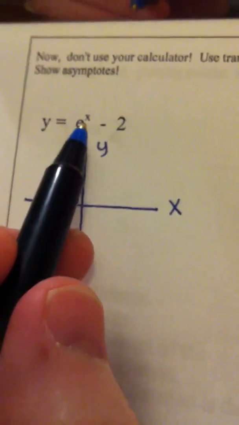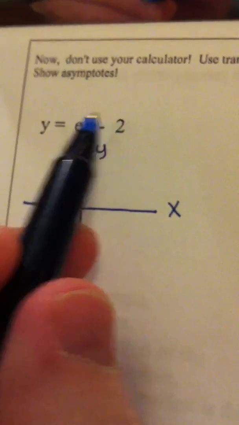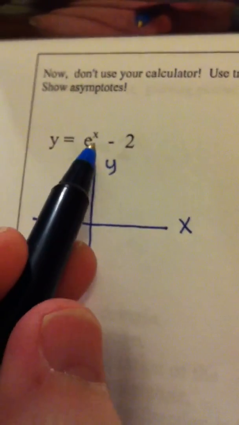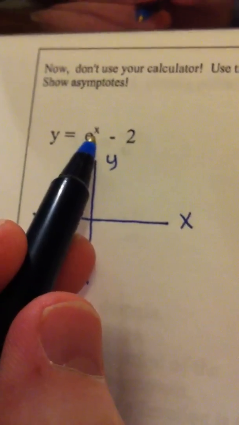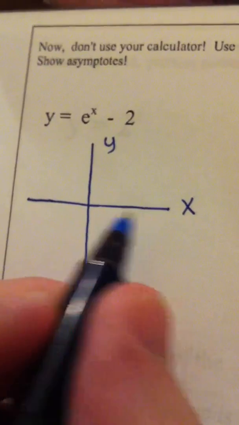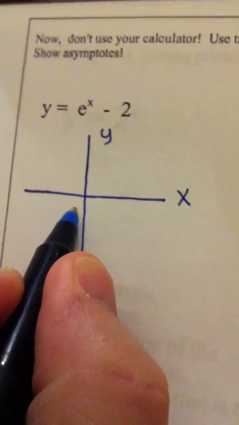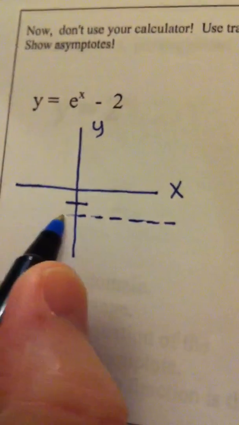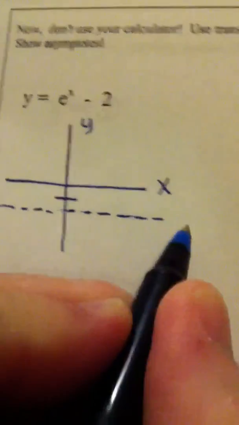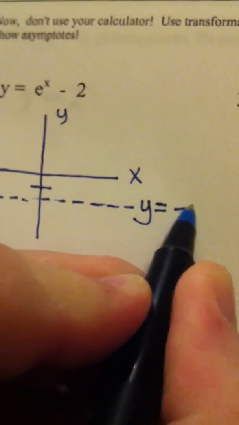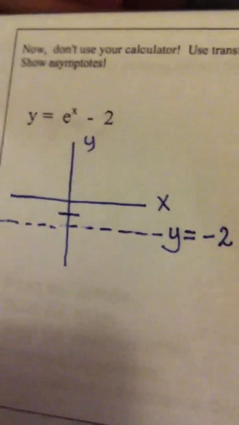Well, to get this graph from our last graph using transformations, what we're going to do is take the entire graph and shift it down 2 units. So the asymptote is going to shift down as well. So my new asymptote will be here, and the equation of that line will be y equals negative 2.